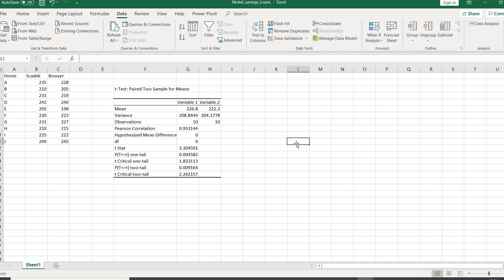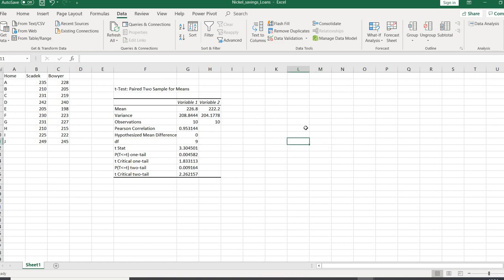But which t-test are you using? Are you using the t-test that assumes equal variance or unequal variance? To decide, you run the F-test, and the F-test will indicate whether the variances are equal or not, and then you can choose the right t-test to apply in the case where your samples are independent.